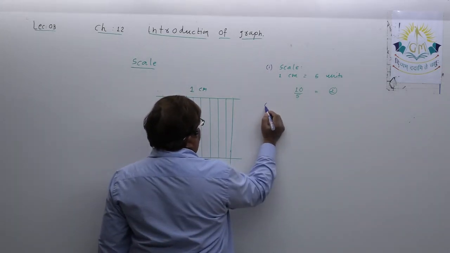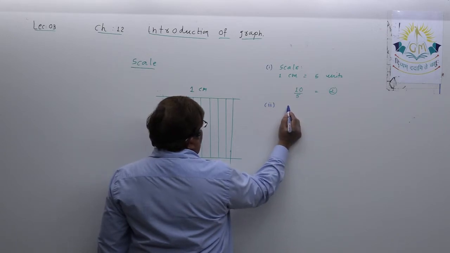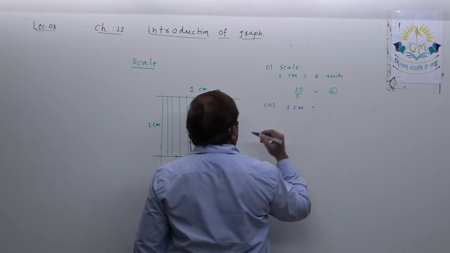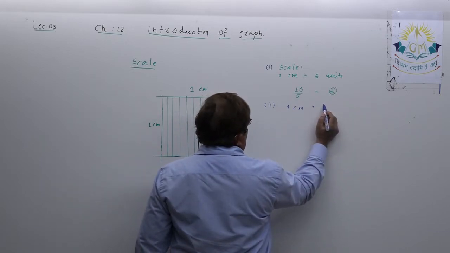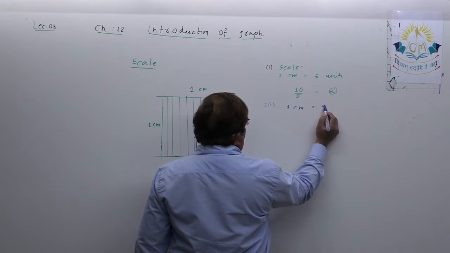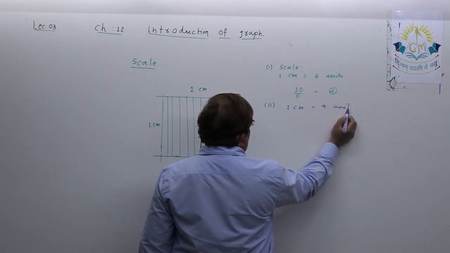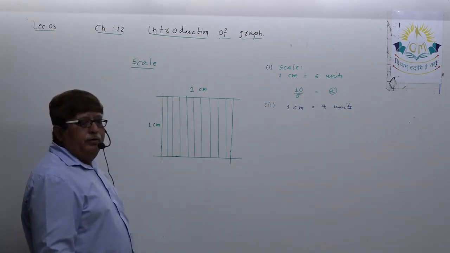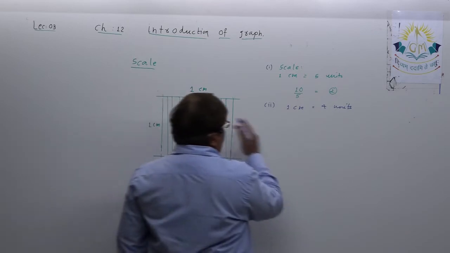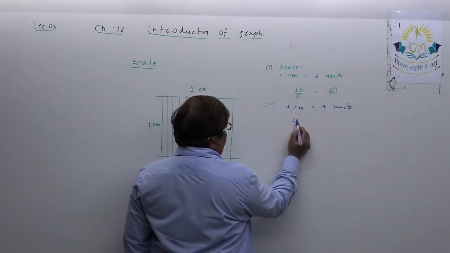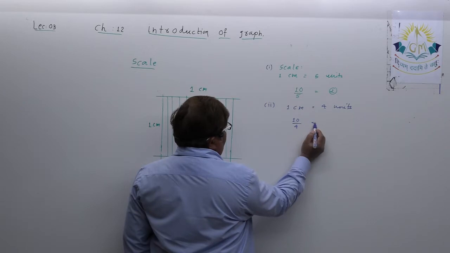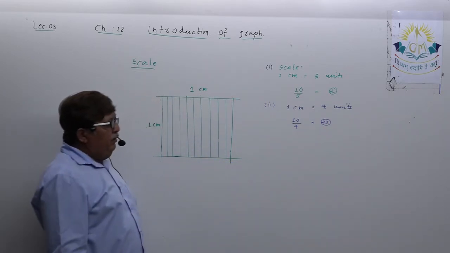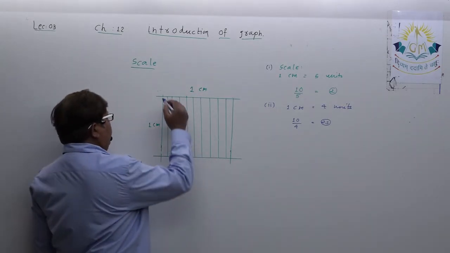Suppose I take the scale 1 centimeter equal to, suppose, 4 units. So how many lines will constitute 1? Just divide 10 by 4. So you will get 2.5. So every 2.5 lines will constitute one.